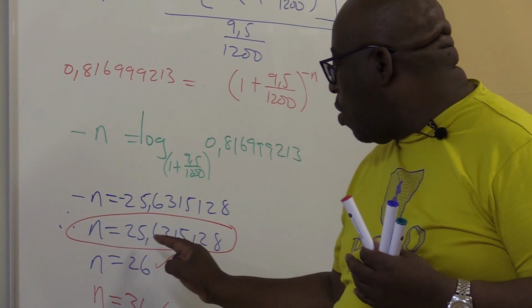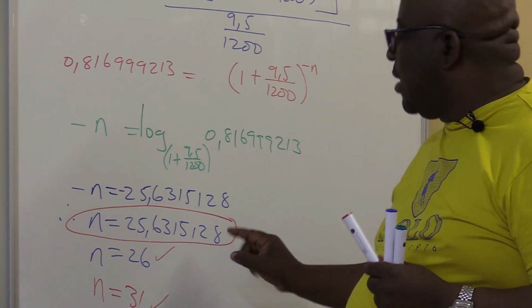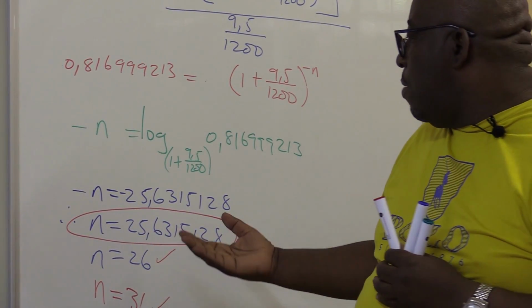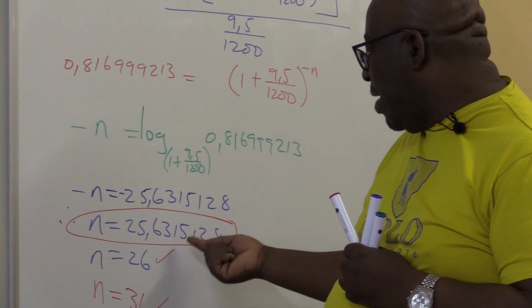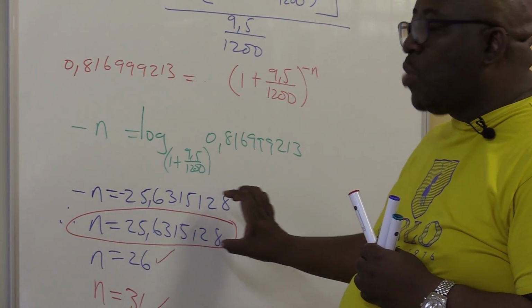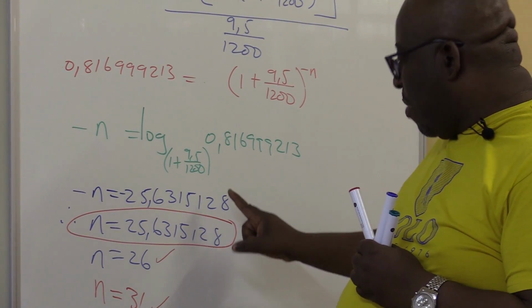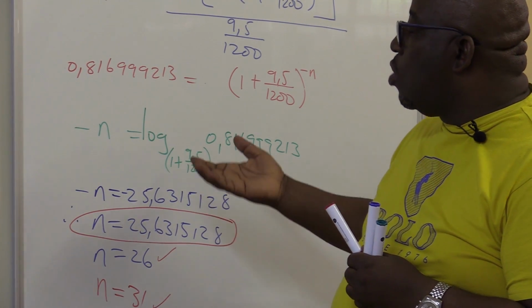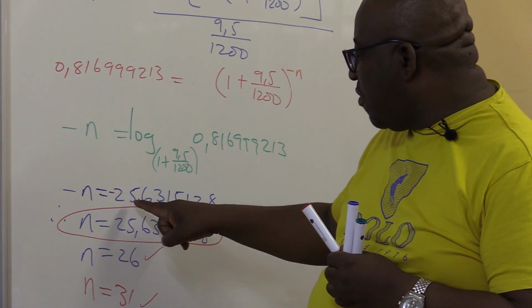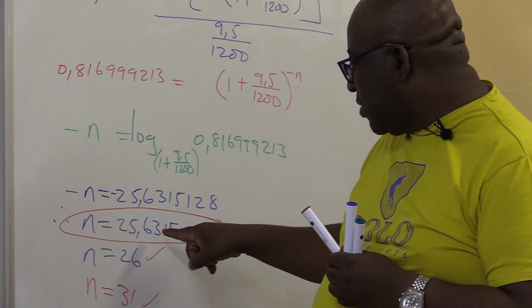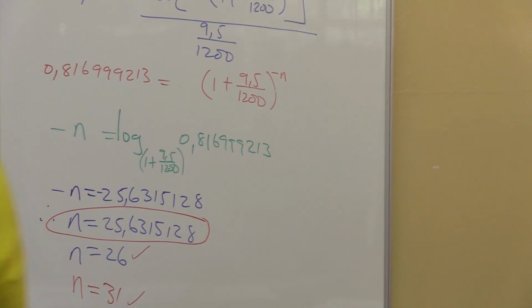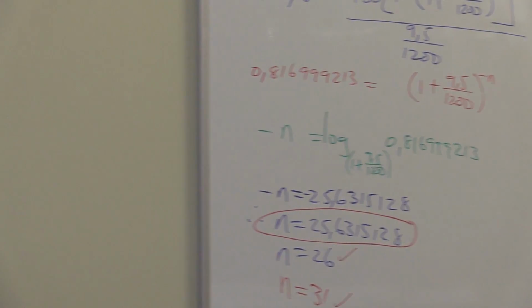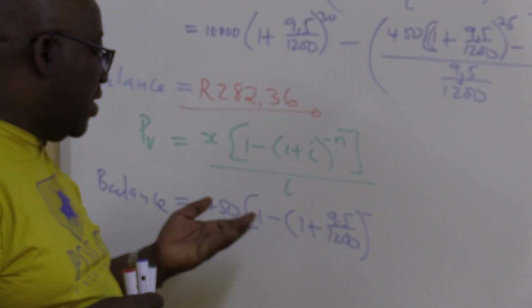It is 0.6315128. That's why I left this one without writing a comma first before I write the solution. So when you talk of the balance after the 25th payment, it should be 0.6315128. That's the n that we need to write on this side of our transaction.